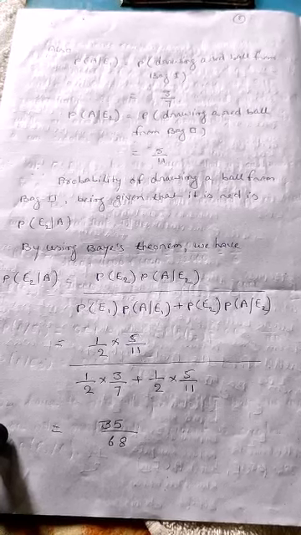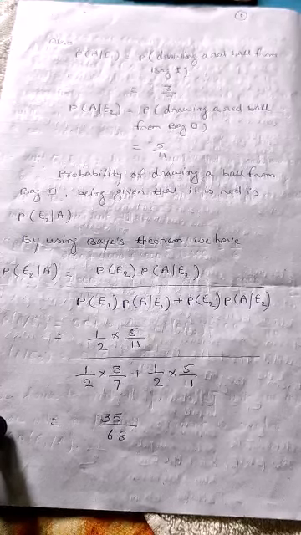Next, let us see how to find P(A|E1). What is the meaning of A|E1? It means drawing a red ball, where A represents a red ball and E1 means from bag 1. In bag 1 there are 3 red balls and the total number of balls is 7. So the probability of getting a red ball from bag 1, P(A|E1), is 3 by 7.